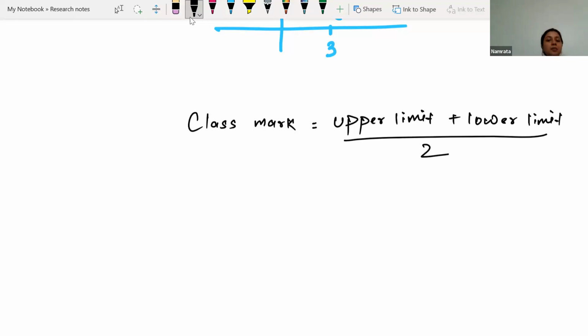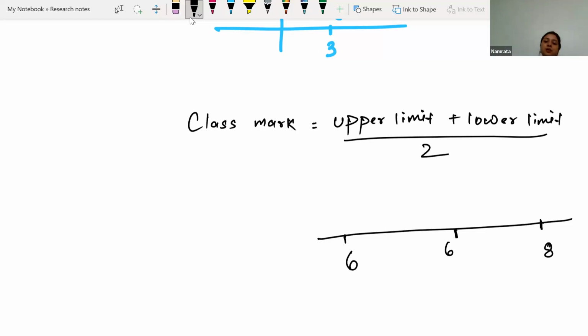But this formula, upper limit plus lower limit by 2, is applicable all over mathematics whenever we are finding a midpoint. Suppose on a number line you have the number 8 and the number 6, and you want to find the midpoint. You applied this formula while finding the midpoint of rational numbers also, I believe, right?